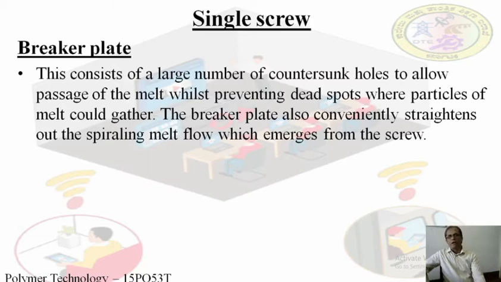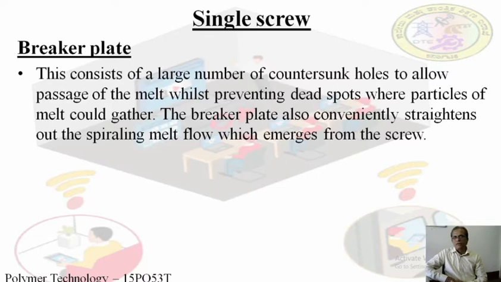The important part of the extruder is the breaker plate. What is it? It is a mechanically strong part, and along with it a number of wire meshes are placed together, and it is placed at the exit end of the barrel.